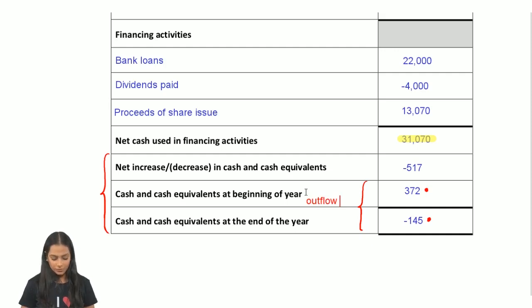An outflow of 517. So you can see, ladies and gentlemen, that the difference between the opening cash and cash equivalents and the closing cash and cash equivalents is going to be the sum of the three activities added together. And that's how you prepare the statement of cash flow.